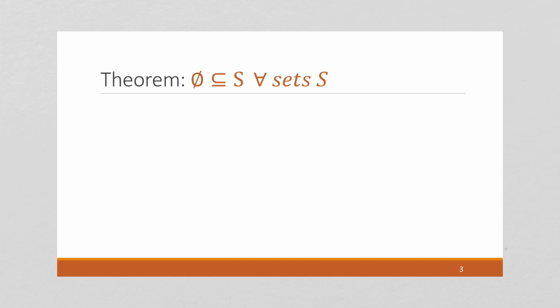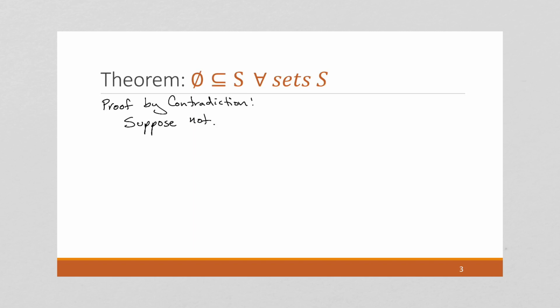The empty set is a subset of S for all sets S. And to prove this, I'm going to use a proof by contradiction. Right? If you recall from previously in the semester, in a proof by contradiction, you suppose the opposite. So I'm going to say, suppose not.